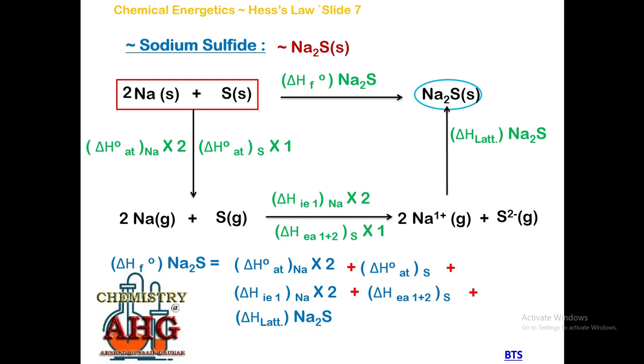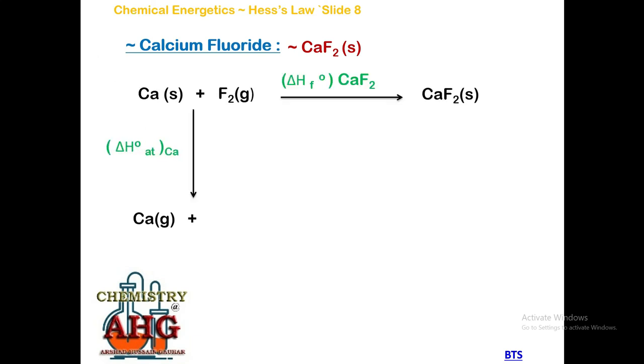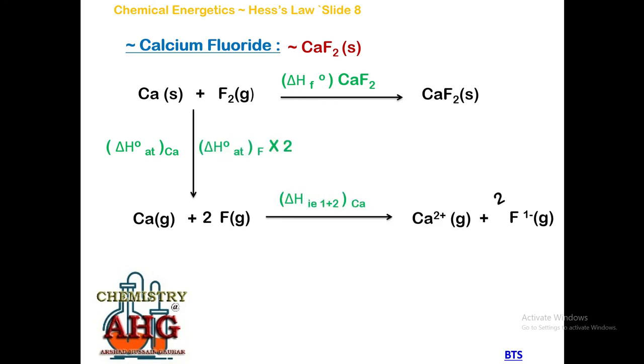If you have made some mistakes, you can make some improvements in the next case. Okay, write down thermochemical equations for the formation of calcium fluoride. Okay, students, if you have written, just check it out. Try to identify any mistakes if you are making. Try to make them correct and do not repeat them.